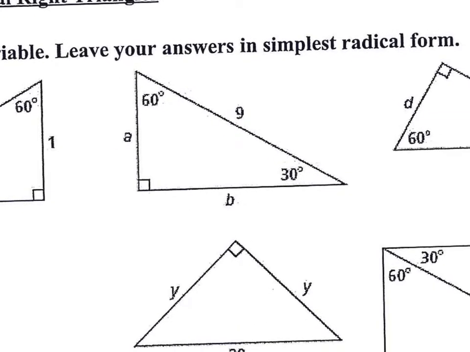Okay, the second one, I can draw a triangle again, same orientation. The short side's 1, the long side's root 3, and the hypotenuse is 2. Looking at the hypotenuse of the other one, if this hypotenuse is 2, and this hypotenuse is 9, and the short side is half the hypotenuse, A has to be 4.5.